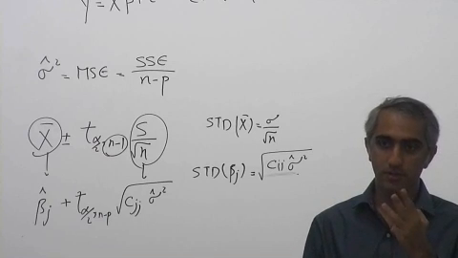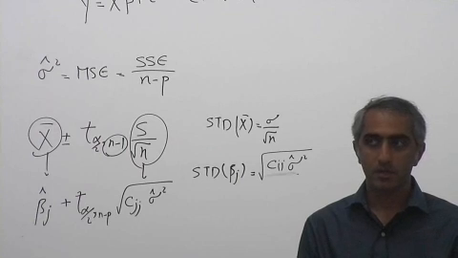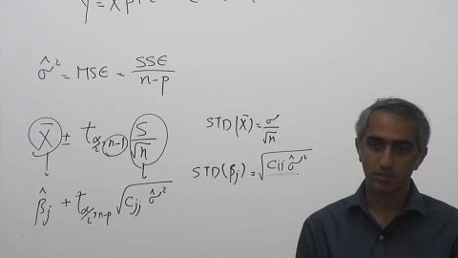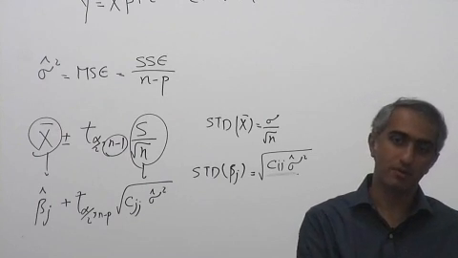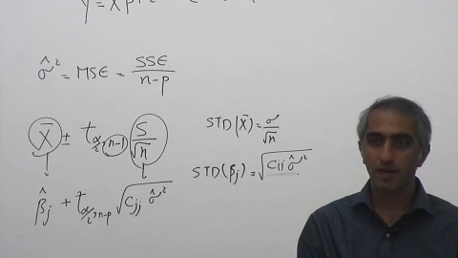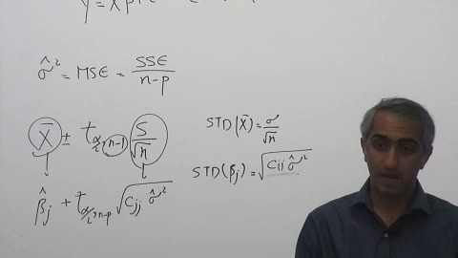You only included 3 x's instead of 5. Okay? What's going to happen? Your variance of error is going to be larger compared to the case where you have the 2 other factors.